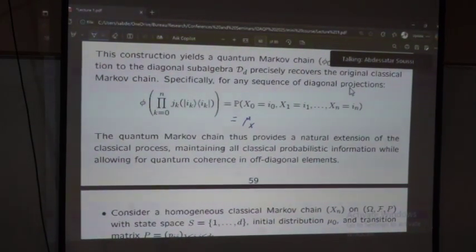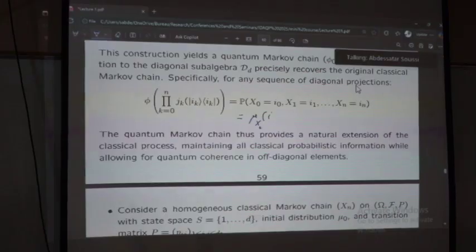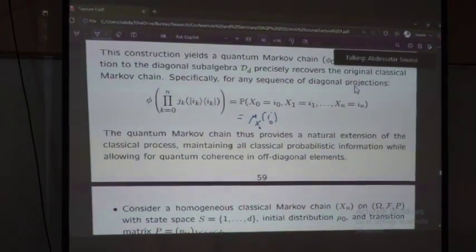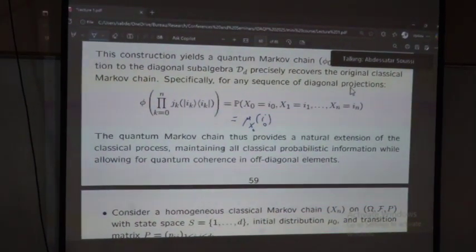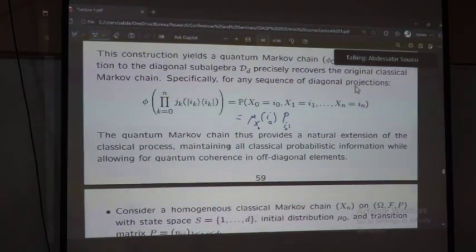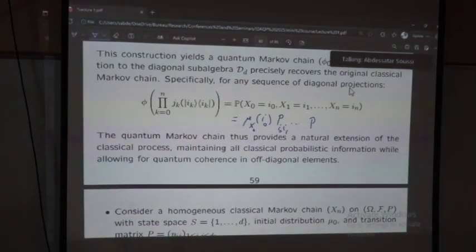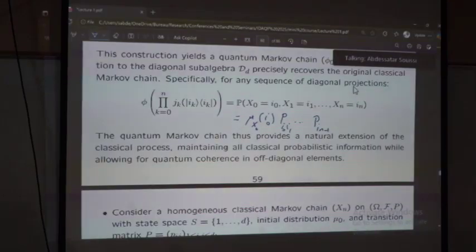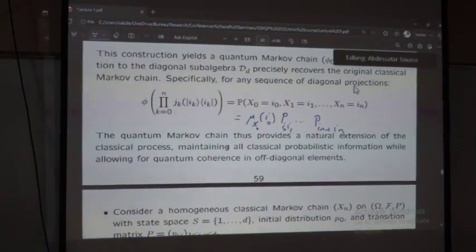Exactly the same formula, which is indeed the initial distribution times P i0 i1 till P i n minus 1 i n, where P is the transition.